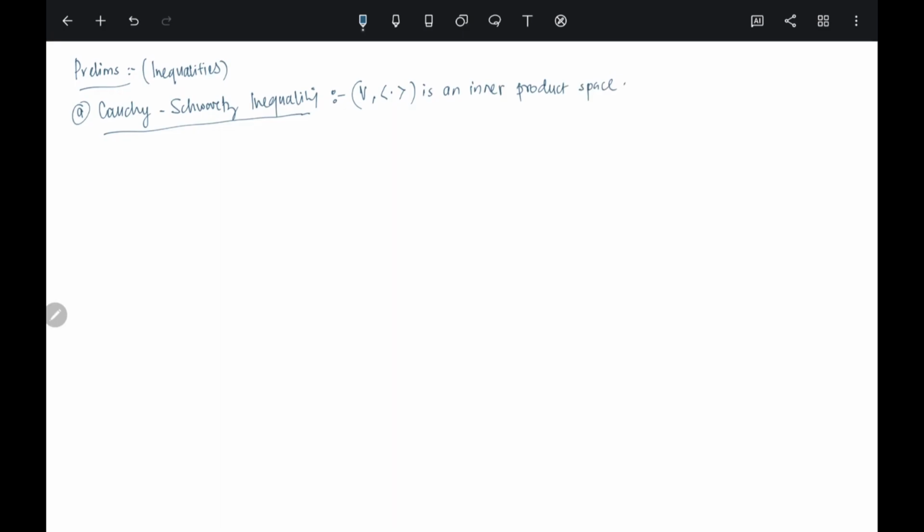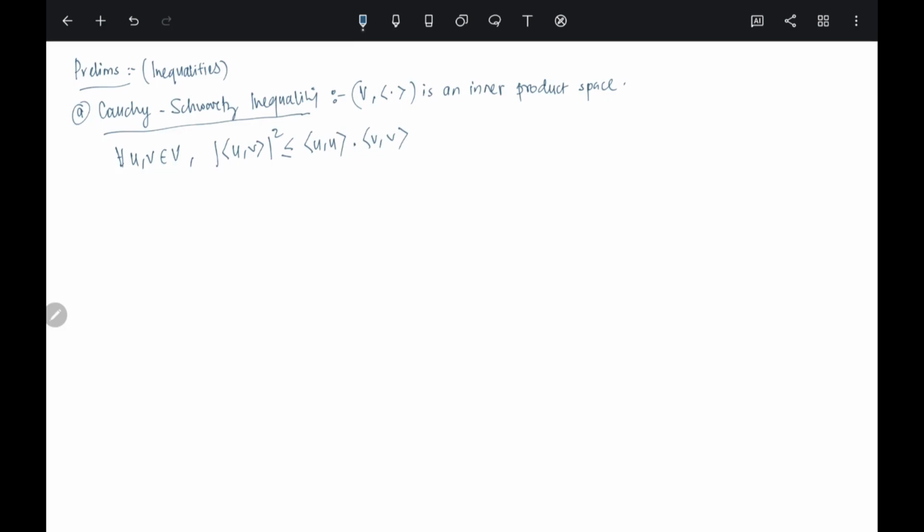Now in this inner product space, for all u and v in V, so you start with any two vectors u and v in V, this inequality should hold. The square of the inner product of u and v should always be dominated by the inner product of u and u times the inner product of v and v. This is what the Cauchy-Schwarz inequality says, and it's very simple.